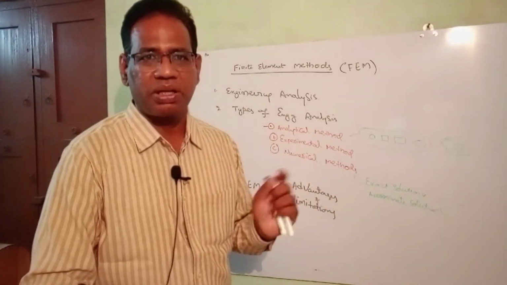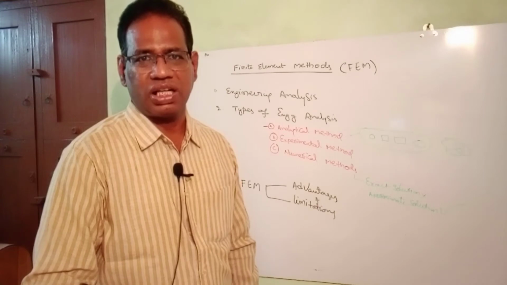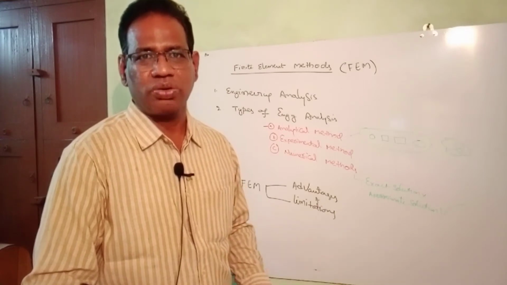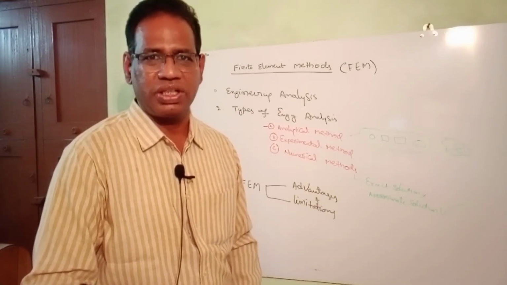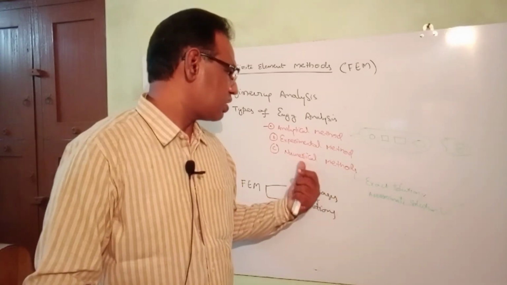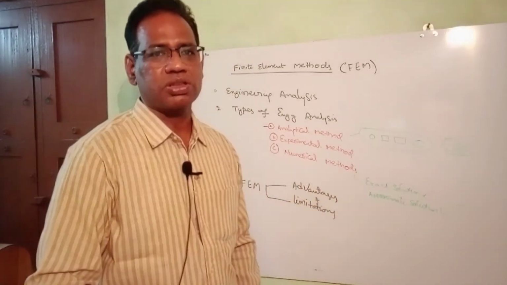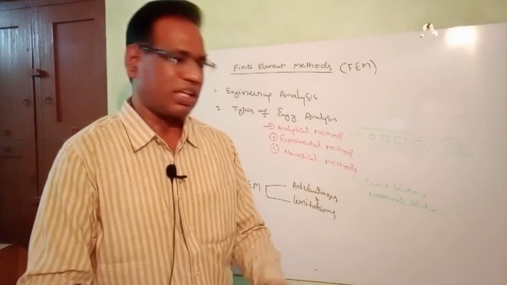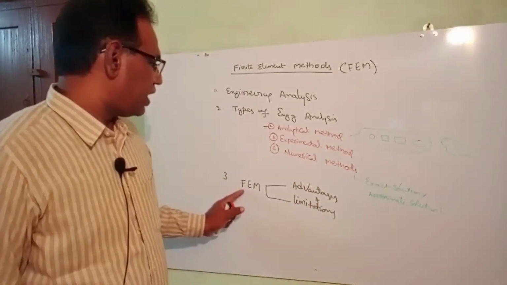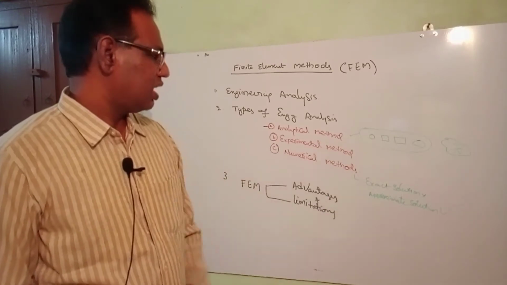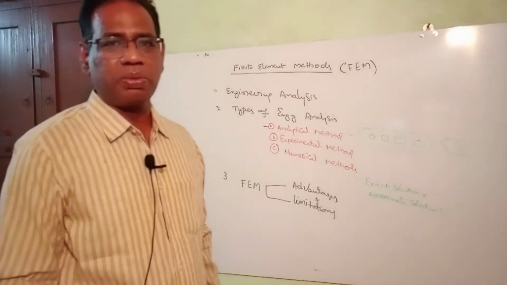Even for a geometrical body having irregular shapes, complex loading conditions, and complex material property variations, this particular method is applied, even though it gives an approximate solution. Approximate solution means error. So the finite element method is one of the numerical techniques.